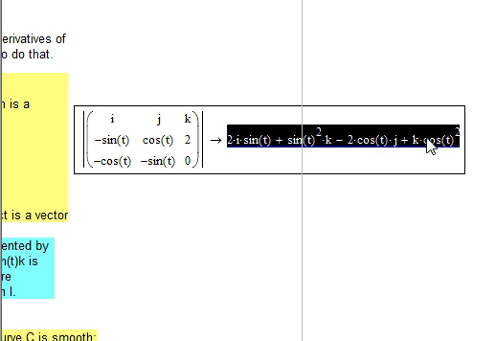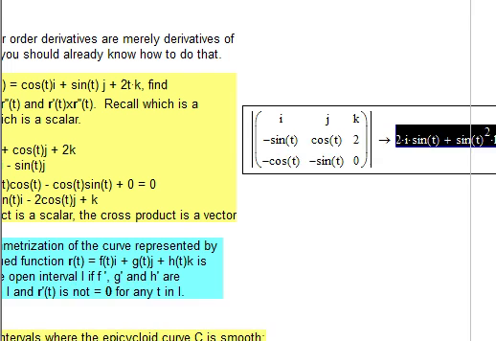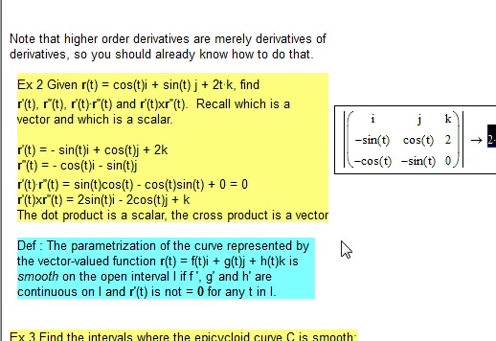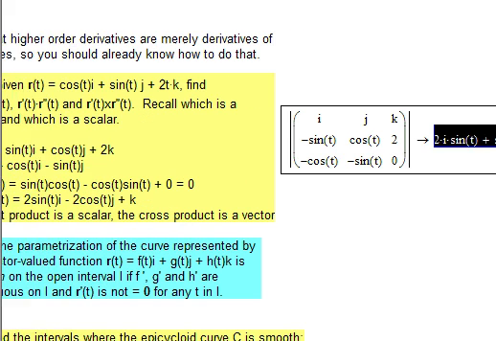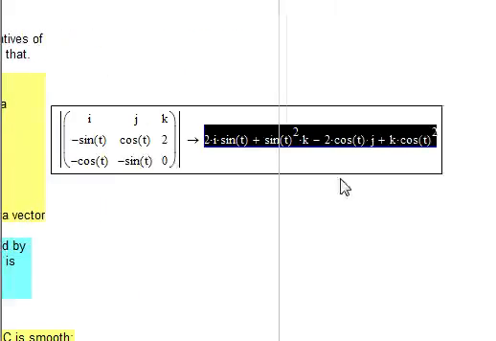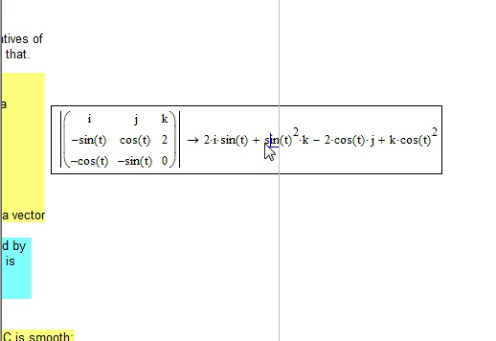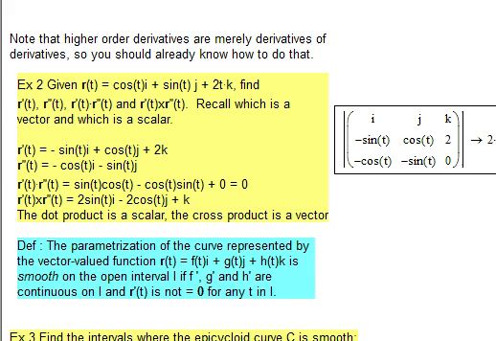It turns out that my software didn't simplify that, which is a surprise, but my mind can do that. The cross product is 2 sine of t i minus 2 cosine of t j plus 1 times k, the 1 coming from this sine squared t k plus this cosine squared t k.